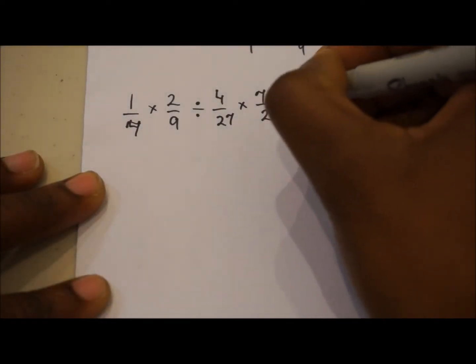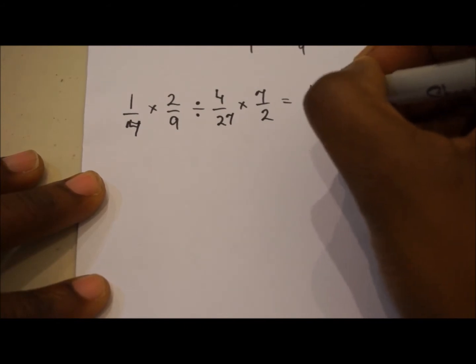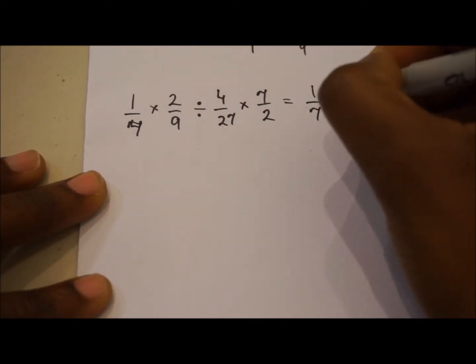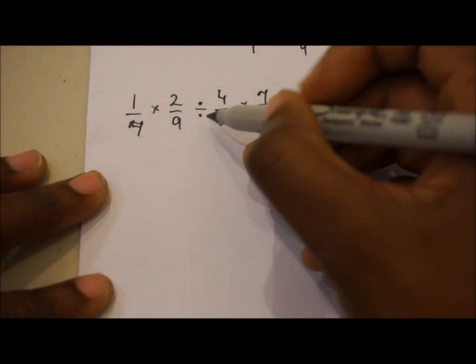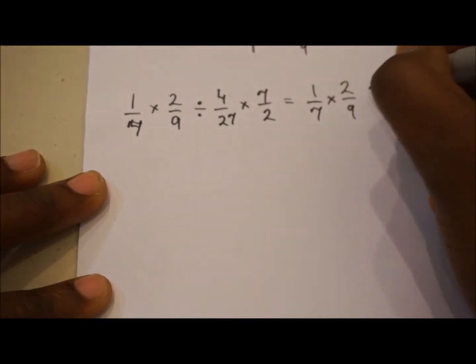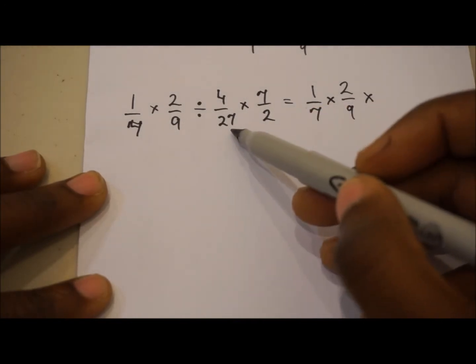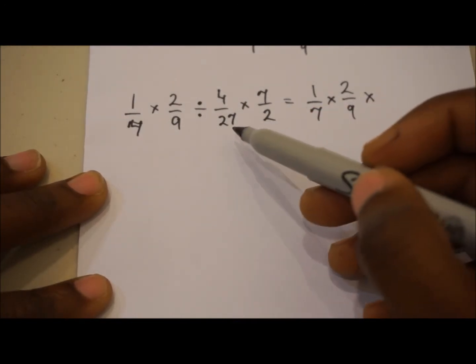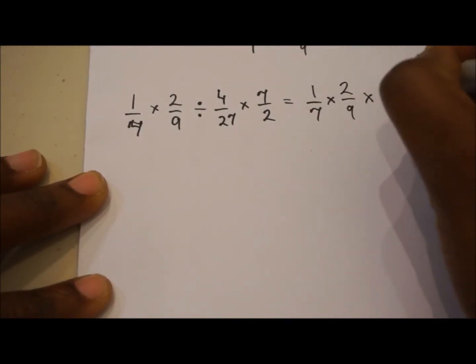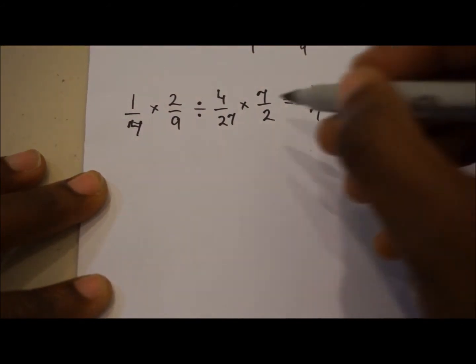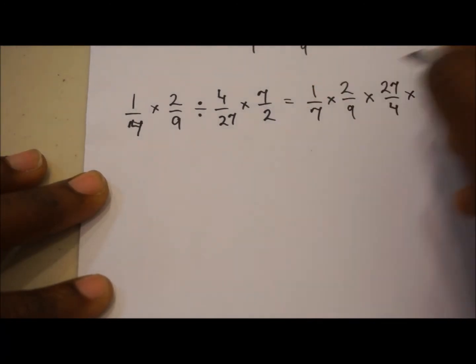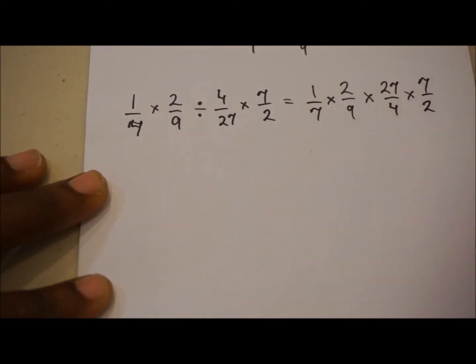So my problem would now become 1/7, multiplication sign remains, 2/9, division sign changes to a multiply. Fraction immediately at the back gets inverted. Times 7/2. Notice 7/2 remains as 7/2 because there was a multiplication sign in front of that.